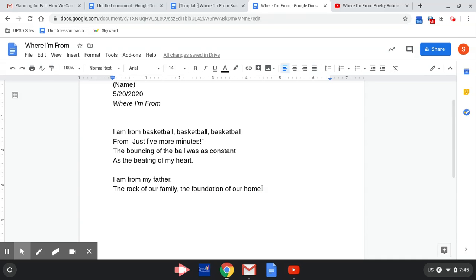So 2 metaphors there. His booming laugh, that's one of the things I really remember about my dad. His booming laugh and unwavering, that means he didn't stop. And unwavering support brought life to all who surrounded him.